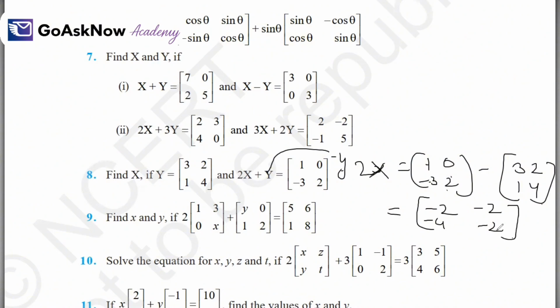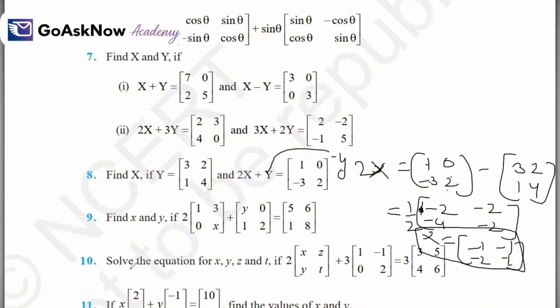Now just divide by 2. You will get [minus 1, minus 1; minus 2, minus 1]. This is your final answer for x.